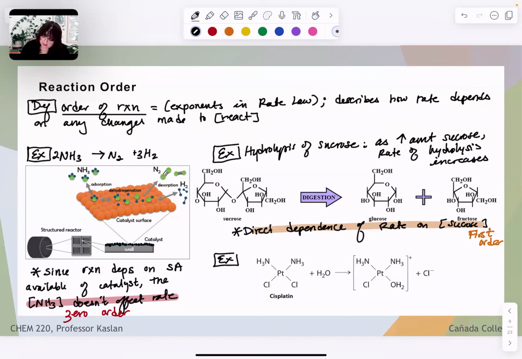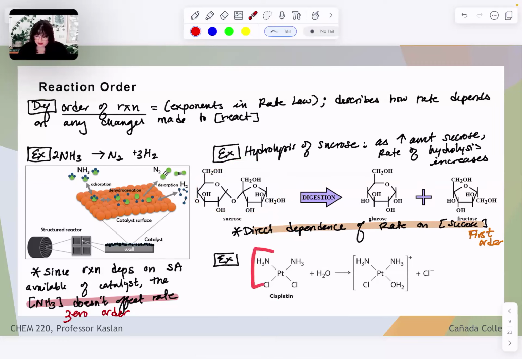And then lastly, we have this complexation reaction. So this is cisplatin, which complexes with water to form the hydroxylated version. And this reaction does require, in stoichiometry, one cisplatin molecule for every one water. So it's not like the case up here with the sucrose, where we're surrounded by a bunch of water molecules and they're just around and available.